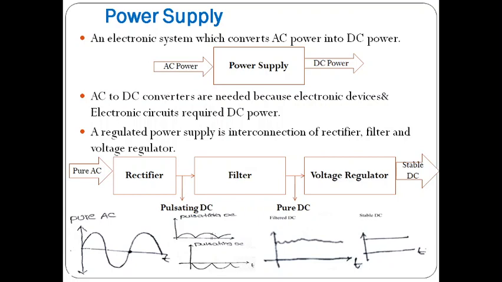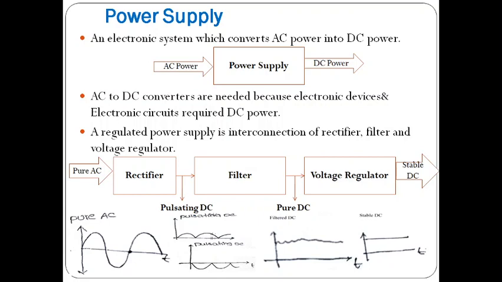And filters are used to remove the unwanted AC components in the pulsating DC. For that, we use capacitive or inductive filters. And after getting the pure DC, to eliminate the fluctuations and provide constant voltage or stable DC, we use the voltage regulator.